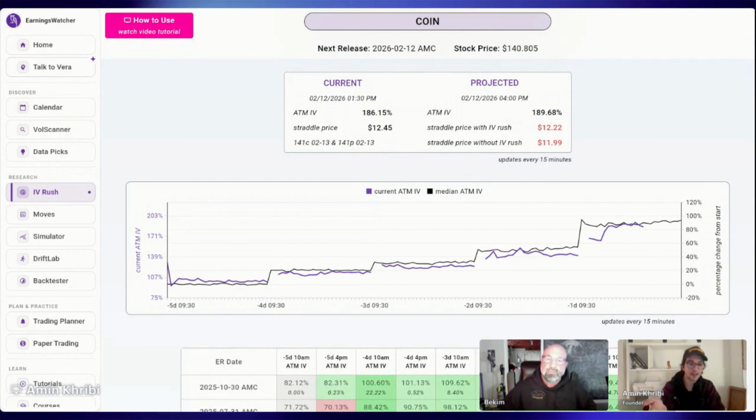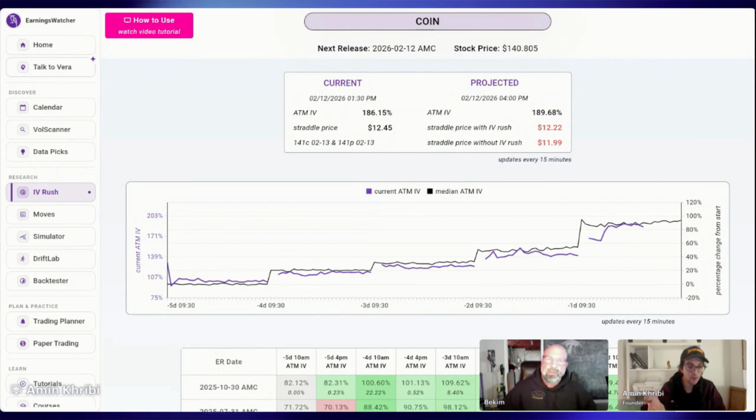I think this is a good case for you, Bekim, where you see the projection here is negative. The modeled past IV is quite flat. So there's not really any projection of this rush being efficient in making the straddle profitable.